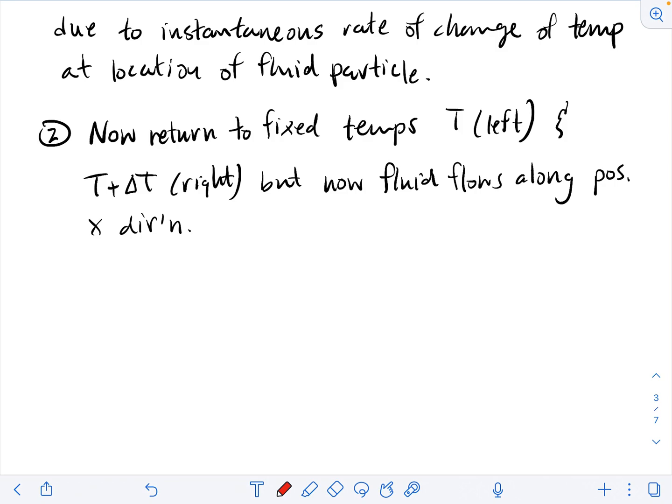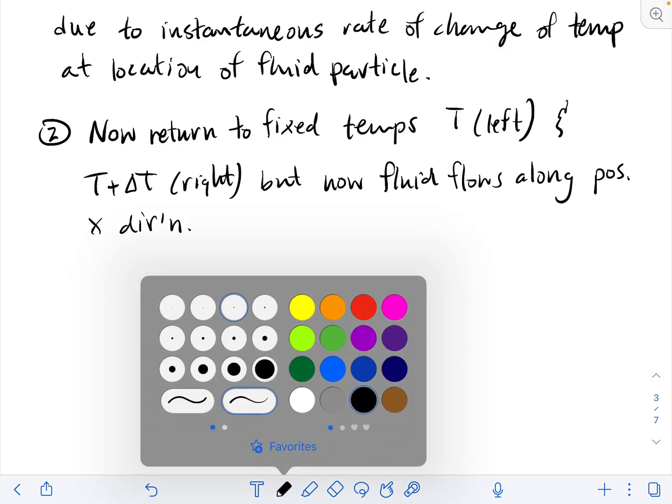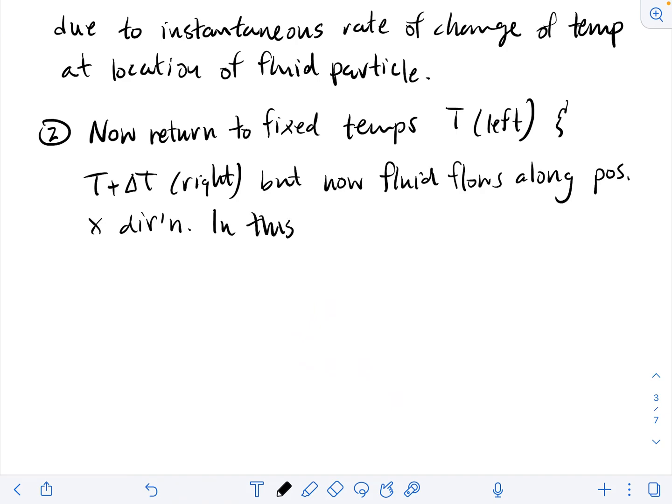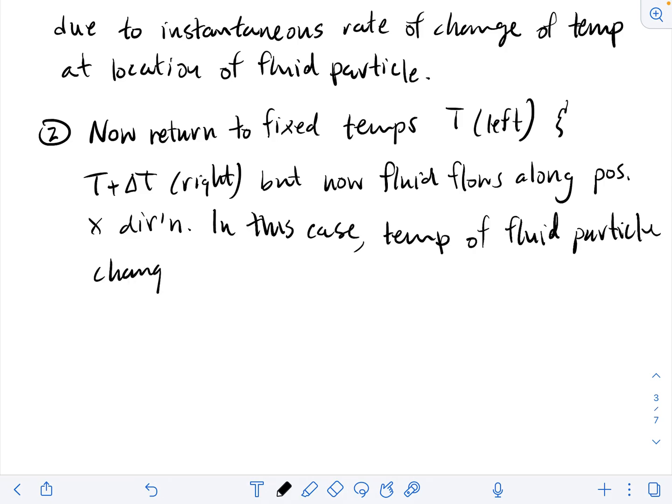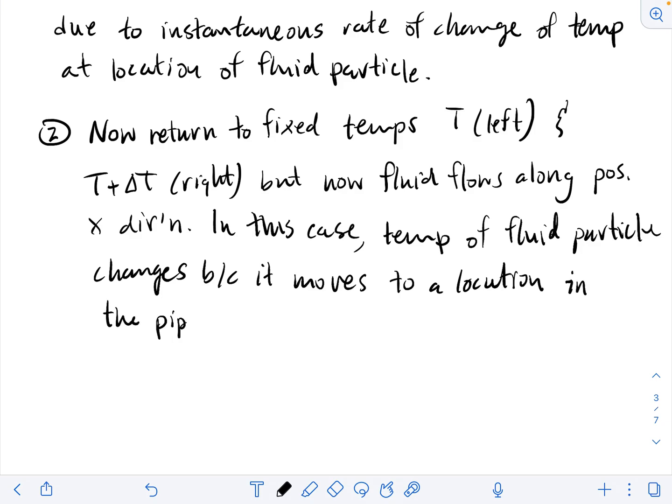In this case, the temperature of our fluid particle changes because it moves to a location in the pipe that has a different temperature.